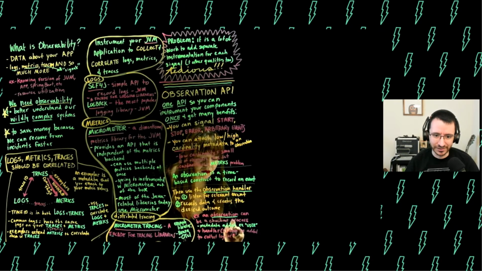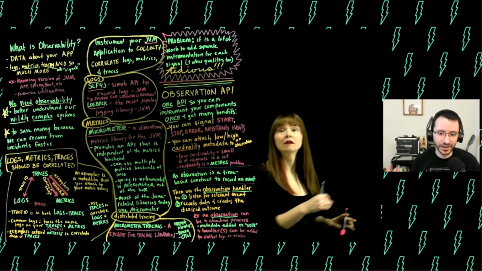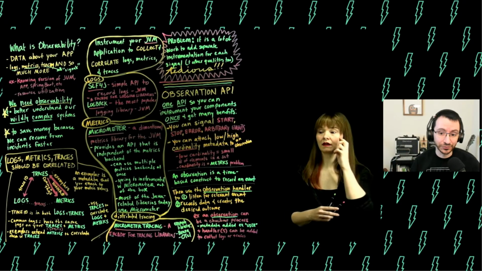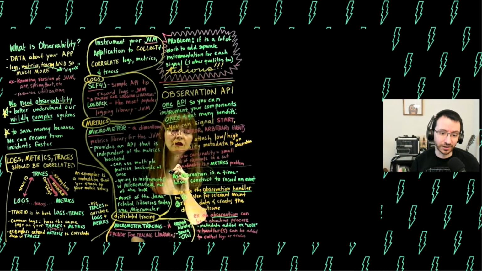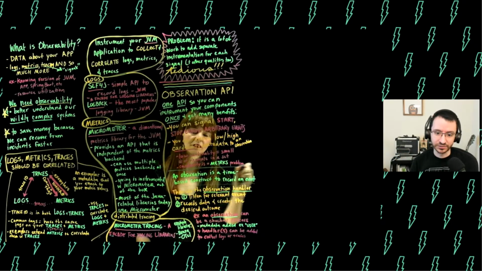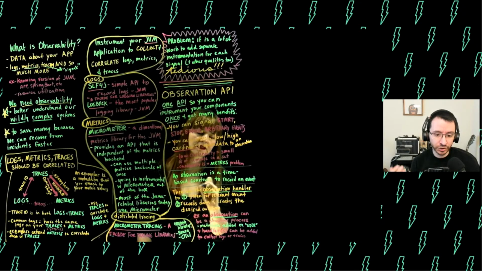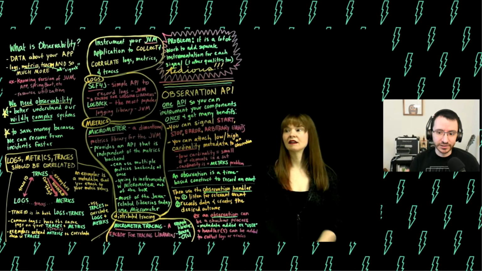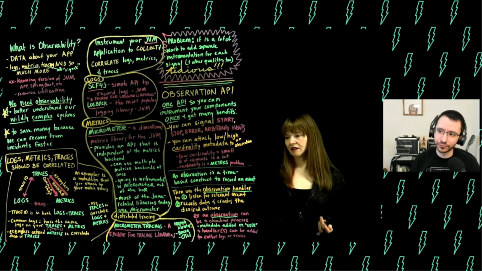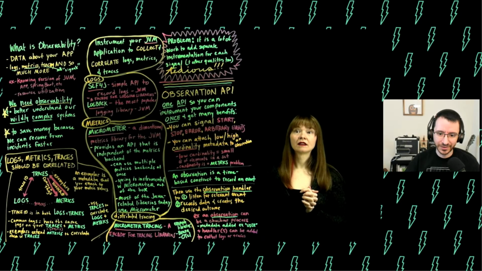So that is basically the gist of it. That's how we are trying to solve this problem of one, having one API, and two, if you want to add another signal or another output, you don't need to re-instrument things or modify the code. And this is extremely useful if you have, for example, third-party components.